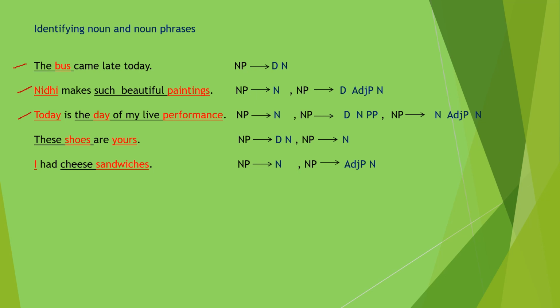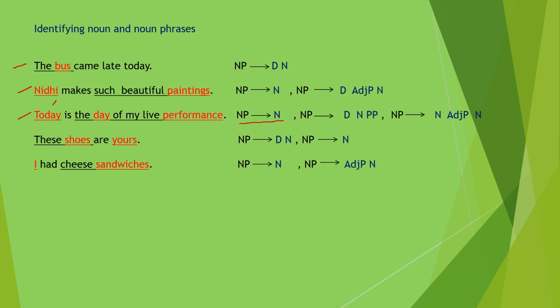But all the elements before the verb are noun phrase, and including the verb after that are verb phrase. Okay, so let's see the structure of this first noun phrase. The first noun phrase in this sentence is today. For today the structure is simple: noun phrase, and there is only one word, and that is a noun.